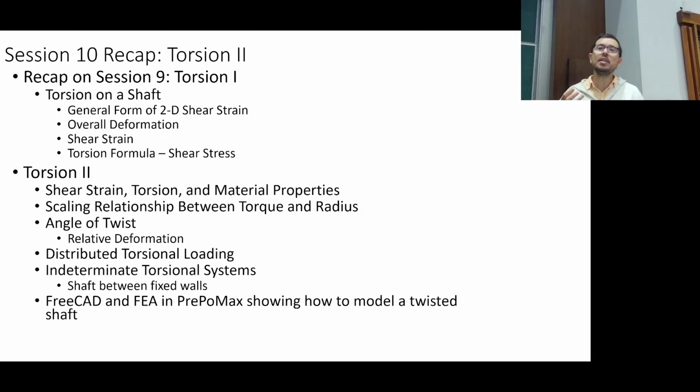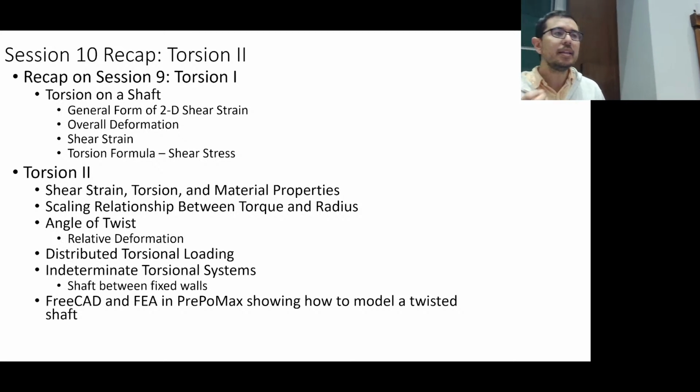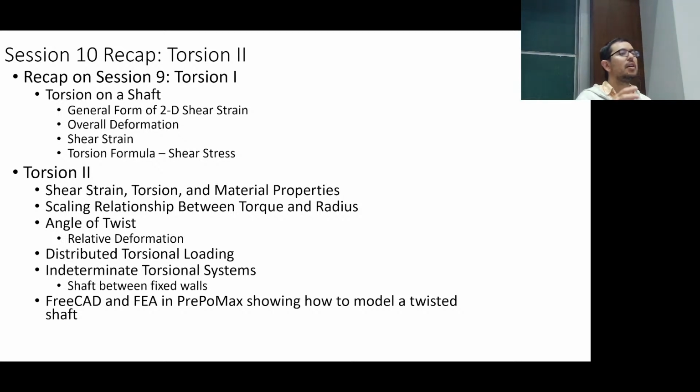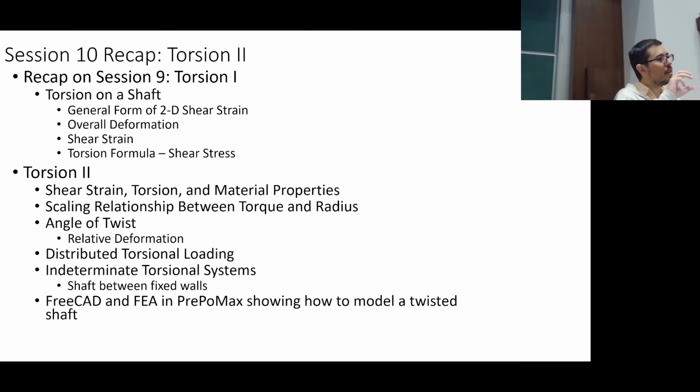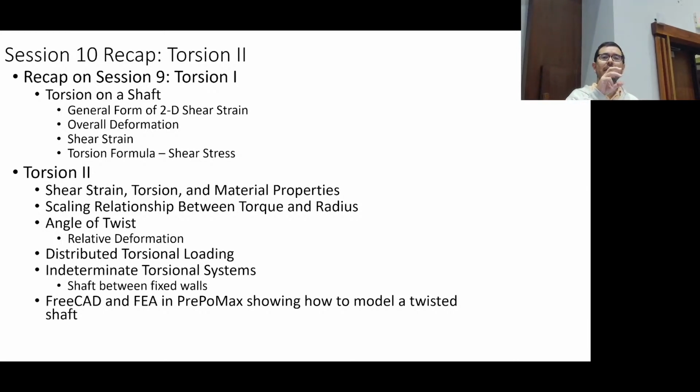Now you can do these types of problems with different types of cross sections, say rectangular or square, but the math is not quite as clean, and you can get some approximations. At this point we're pretty much just concerned about circular cross sections. The math works out quite nicely.